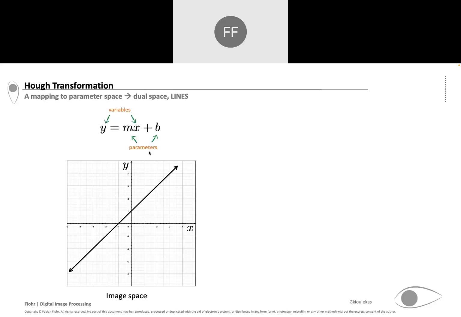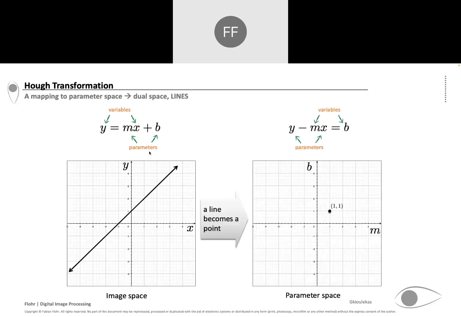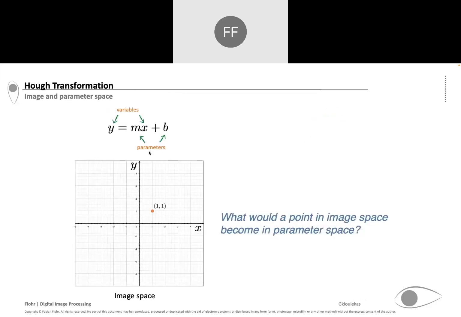Why is it a point? Yeah, perfect answer. So a line in the image space becomes a point in the parameter space. Just the parameters m and b describes this line in the image space. That's quite easy.